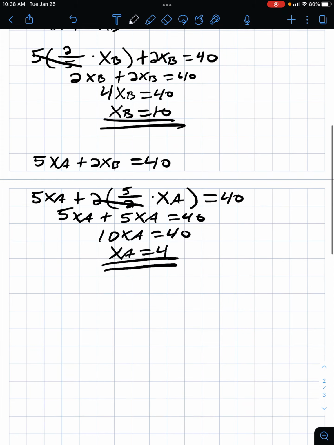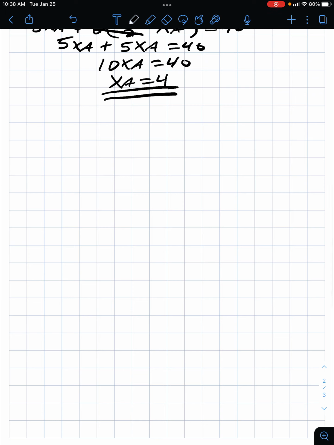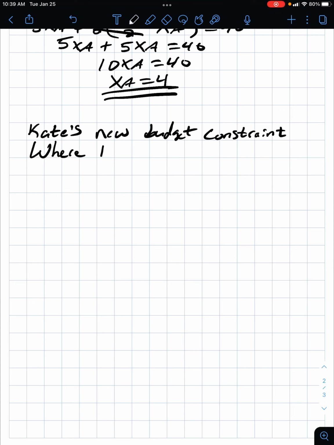Now let's solve for Kate's new budget constraint, where the price of x of a is equal to $1, because the price of apples decreased from $5 to $1, where the price of bananas stayed constant and her income is still 40.